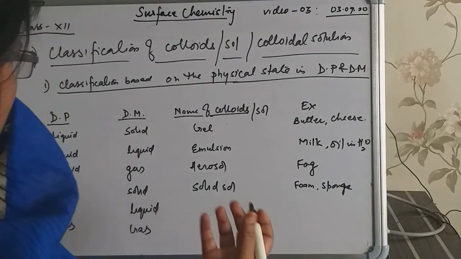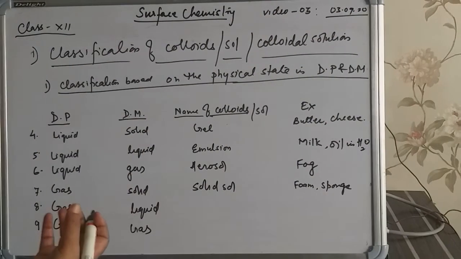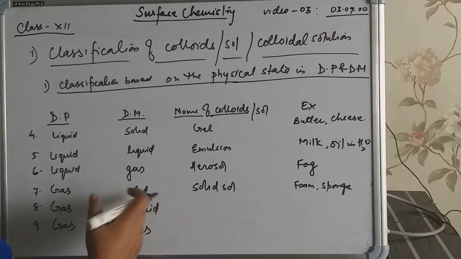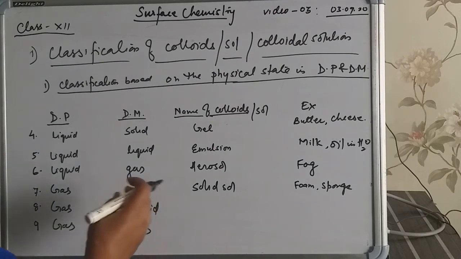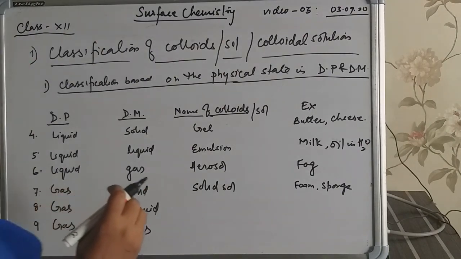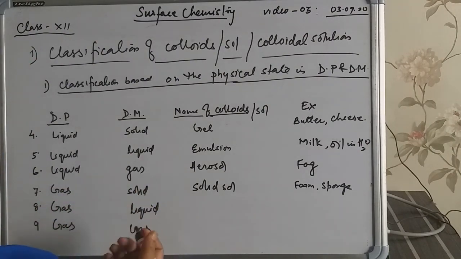For example, a duster, in which foam is present and there is a small porous structure in which gas is trapped. So this is the example of dispersed phase gas and dispersion medium solid.